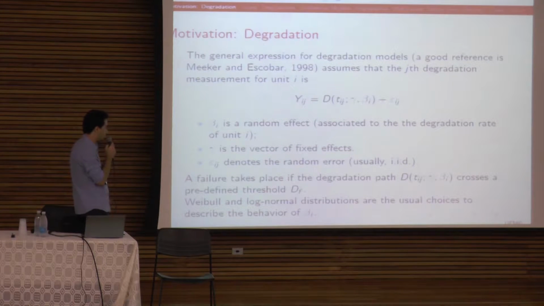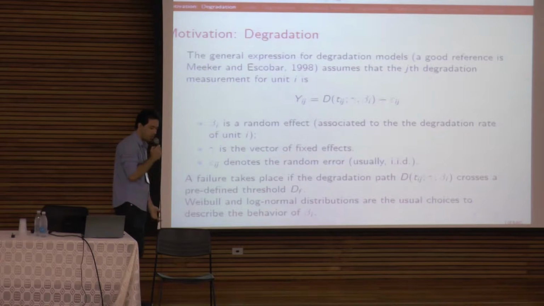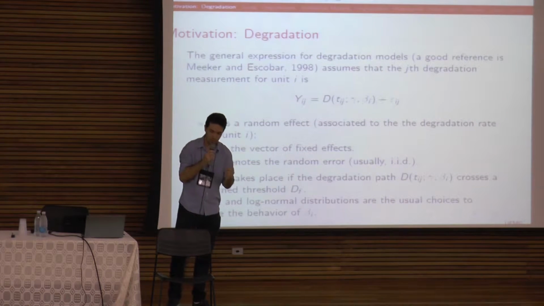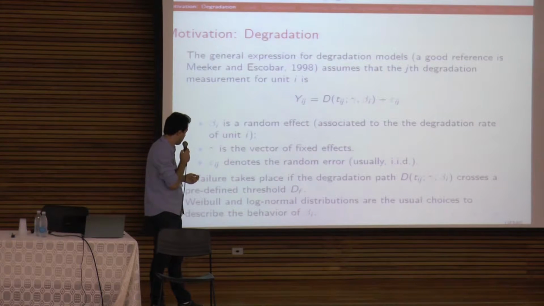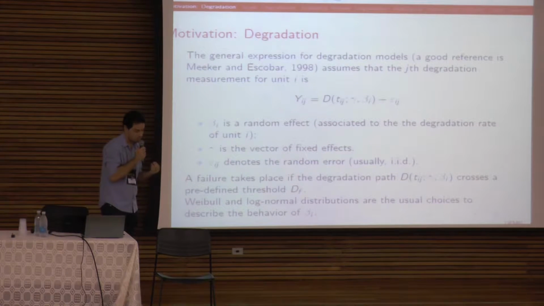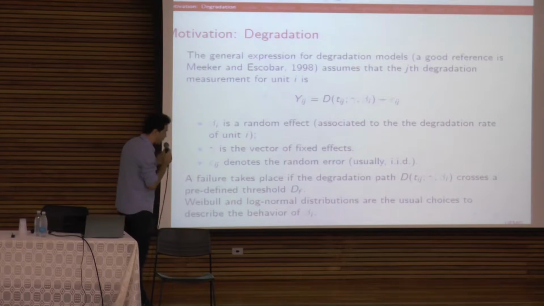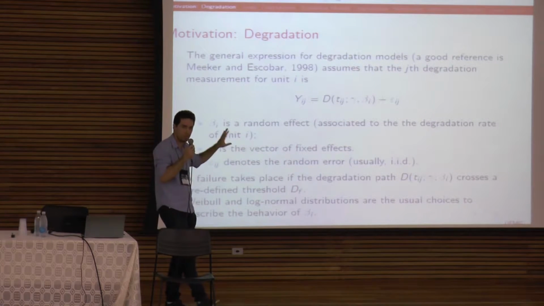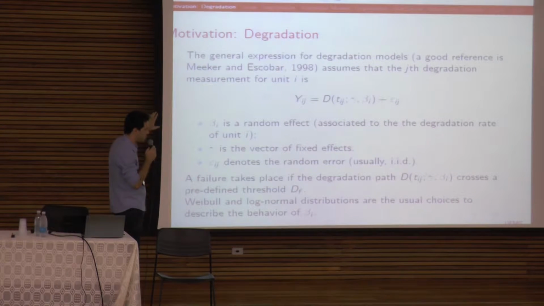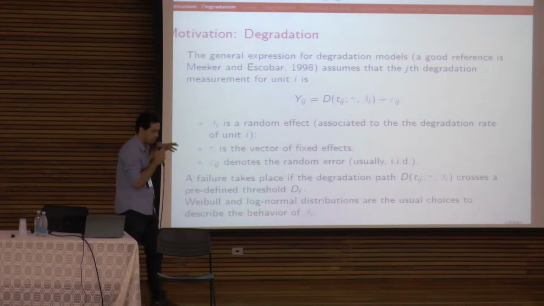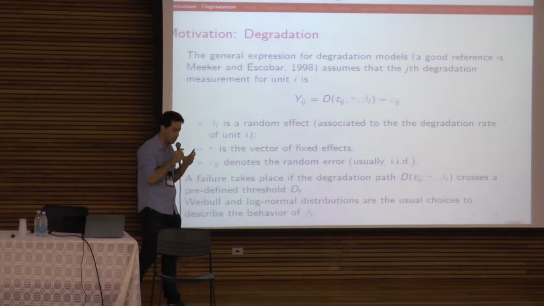And we have an error term, usually assumed IID, but there's a way to consider autocorrelation and things like that, because if you are measuring the degradation in the same wheel, it's expected to have some kind of autocorrelation. But this model is simpler. We are just trying to introduce skewness and heavy tail. After that, we can think of considering models that are a bit more complicated.